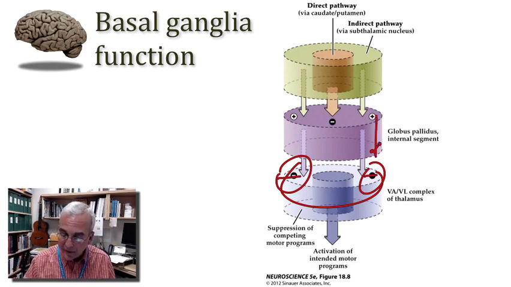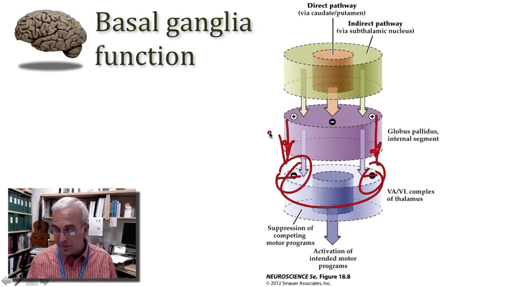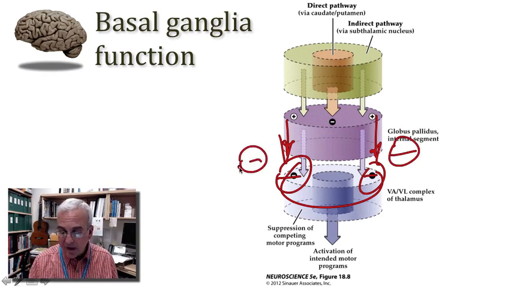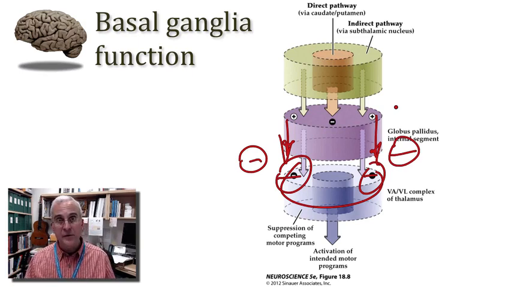So if anything, to facilitate the specific expression of movement, we want to make sure that non-synergistic movements or antagonistic movements are held in check. So the activity in the indirect pathway then serves to reinforce this inhibition of this surround of potential movement.